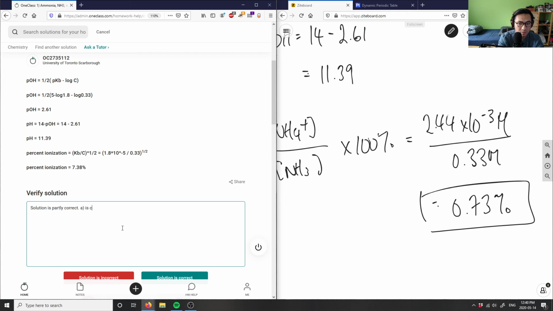A is correct with pH equals 11.39. However, percent ionization equals the concentration of NH4 plus divided by the concentration of NH3, times 100, which will give us 0.73%.